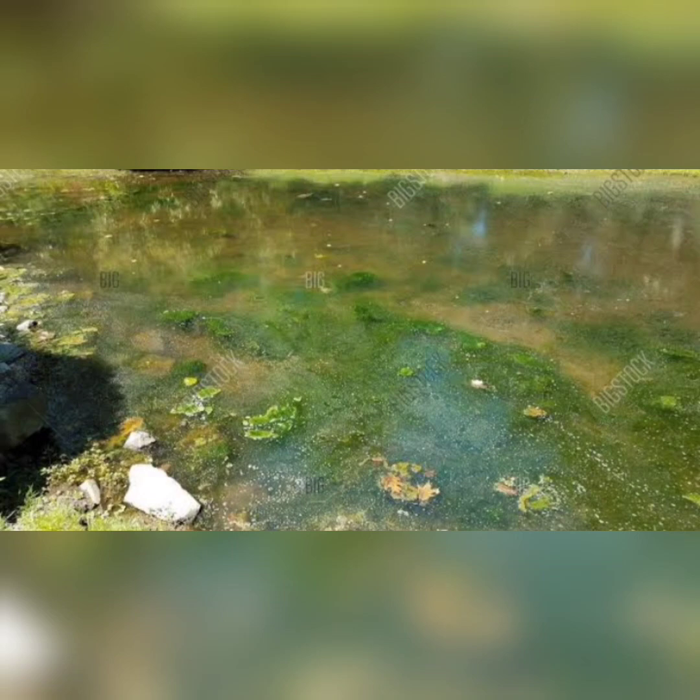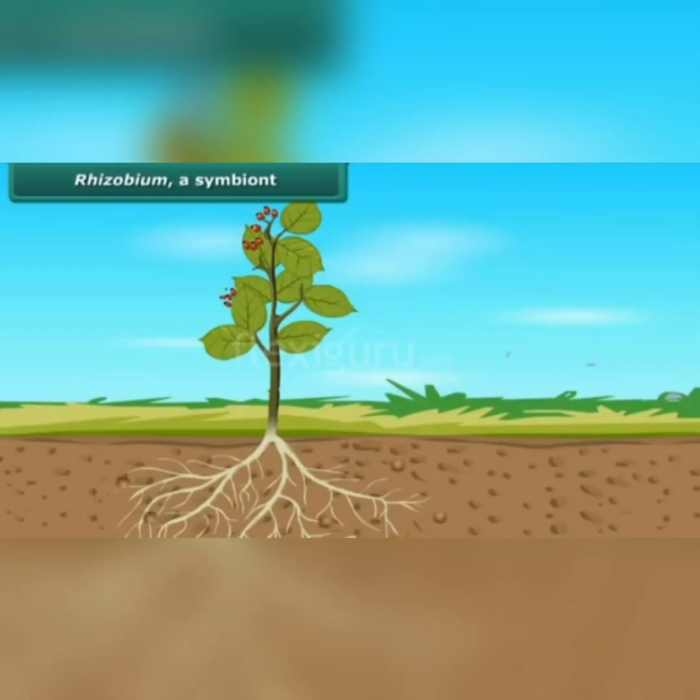This kind of plants is known as algae. Children, the spelling of algae is A-L-G-A-E.